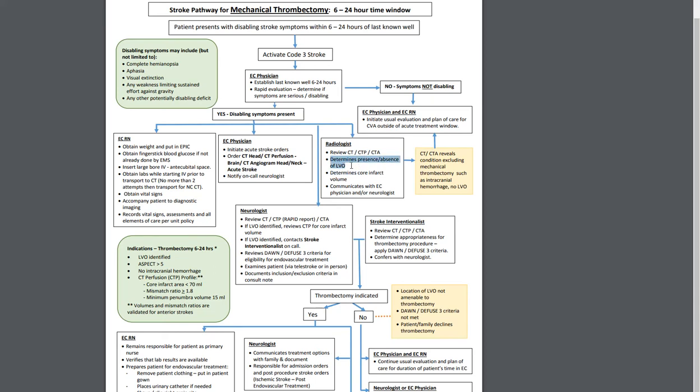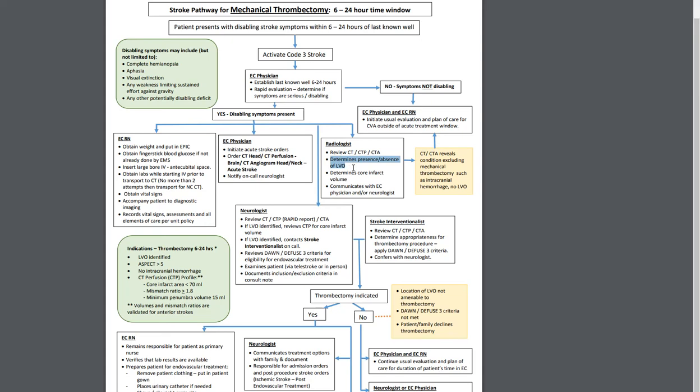We are looking for clot in the internal carotid artery and the M1 segment of the middle cerebral artery. That's it. Anything else is just icing on the cake, and this is the most important one: anterior circulation big clot. Of course, when you see an M2 segment clot or basilar artery clot, you want to report it, but this is what we're really looking for.